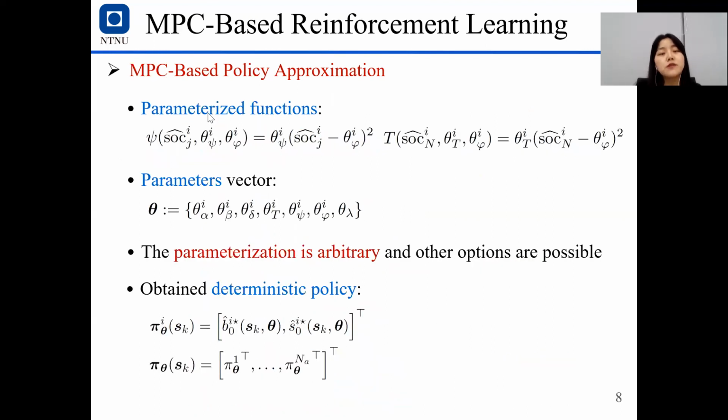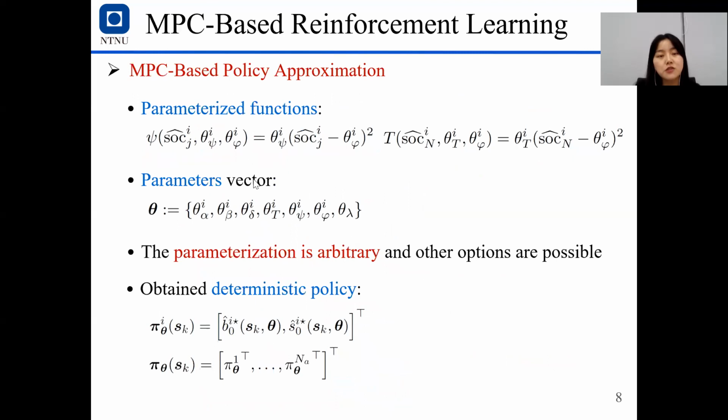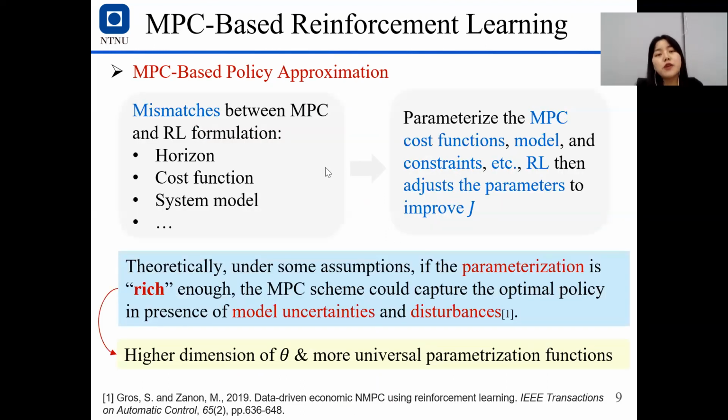So you can see for the parameterized function, we have this parameterized stage cost function and terminal cost function. And for the parameters, we have alpha, delta, theta, lambda, etc. And by the way, the parameterization is arbitrary and you can use other options. The question here is why we need these parameters. This is because there's a mismatch between the MPC and RL formulation.